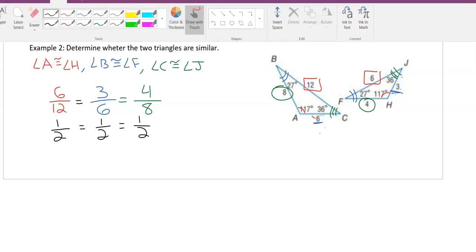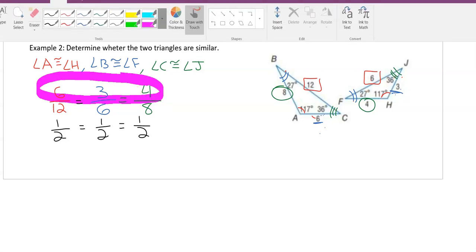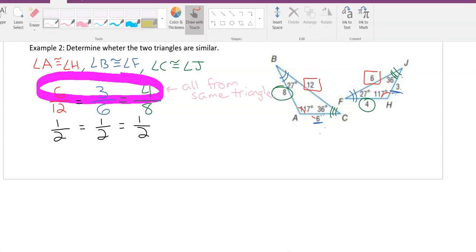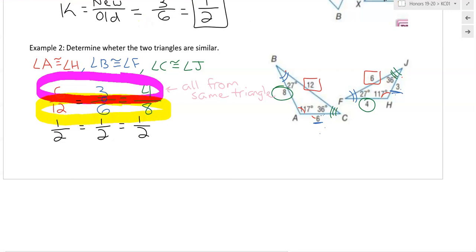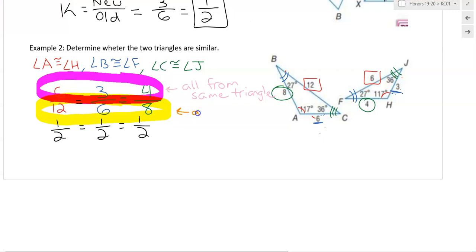Great. One thing to note, if you look at these numbers on top, these are all from the same triangle. And if you look at the numbers on bottom, those are all from the same triangle.